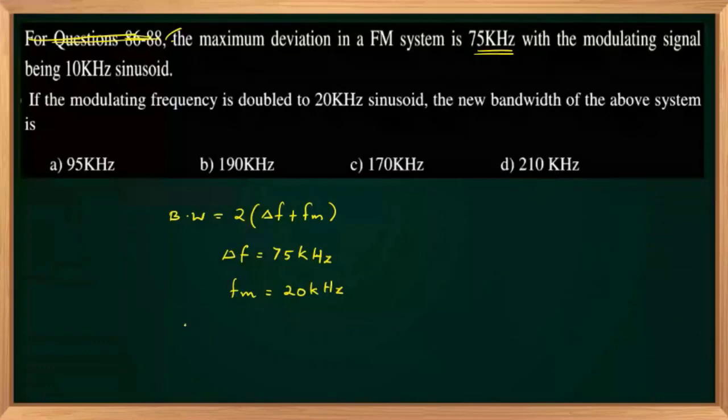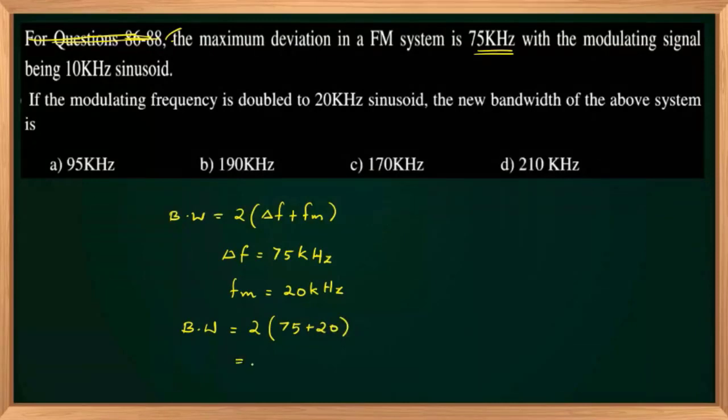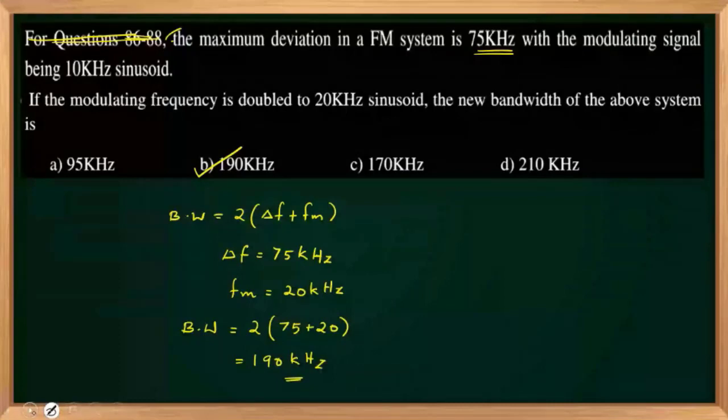New bandwidth will be 2 into, substituting here, (75 plus 20), you will get 95 into 2, 190 kilohertz. This means bandwidth varies with the modulating frequency. When the modulating frequency is varied, bandwidth also varies. The correct answer is 190 kilohertz. Okay, let us move on to the next question.